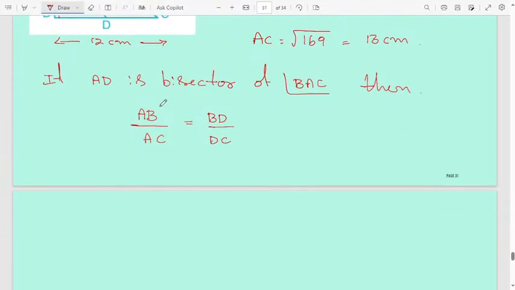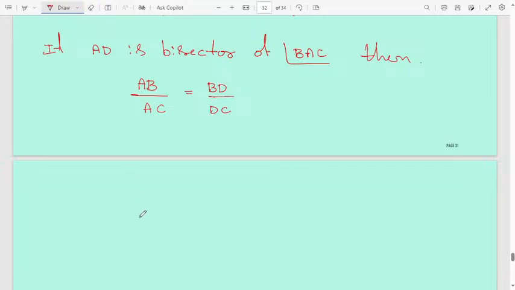Now substitute the values of AB and AC here. AB is 5, AC is 13, then BD divided by DC. We don't know the value of BD or DC, so convert in the form of DC.